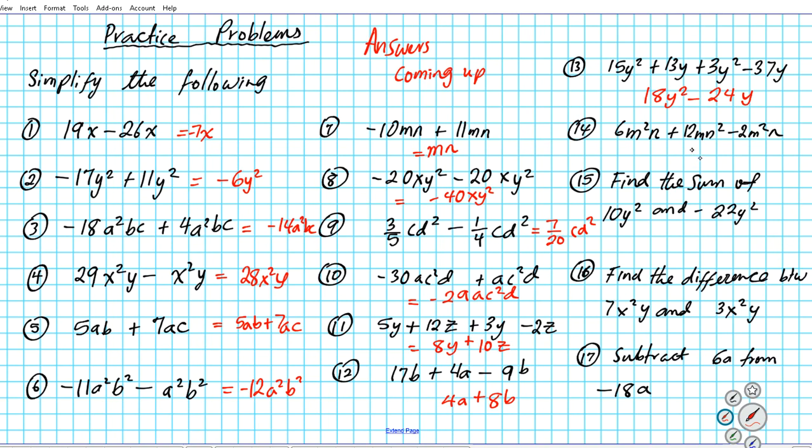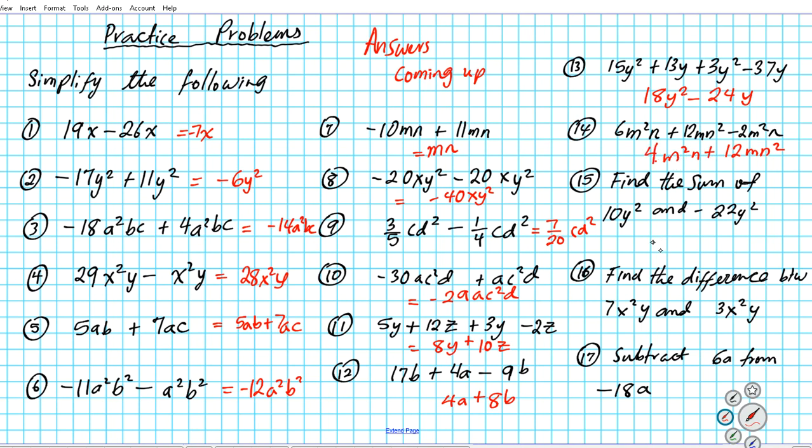For number 15, the answer is 2m squared n plus 12mn squared. Actually, it's 4m squared n, because 6 minus 2 is 4, so it's 4m squared n plus 12n squared.